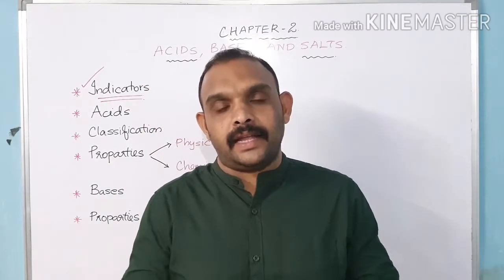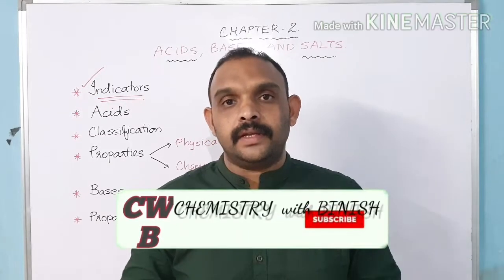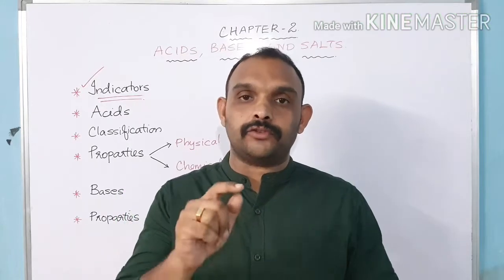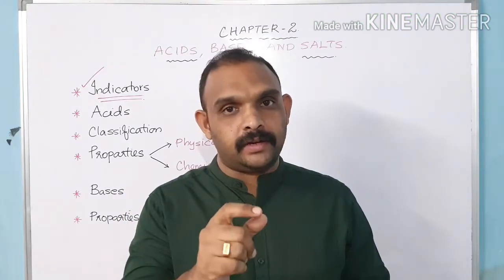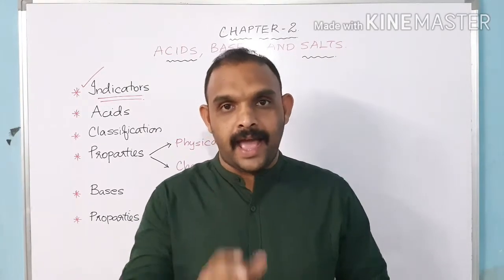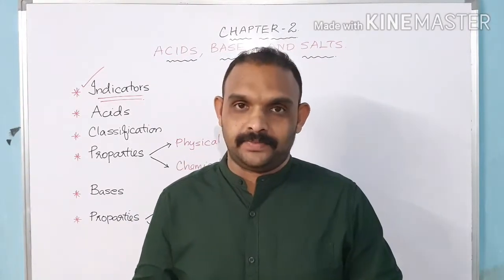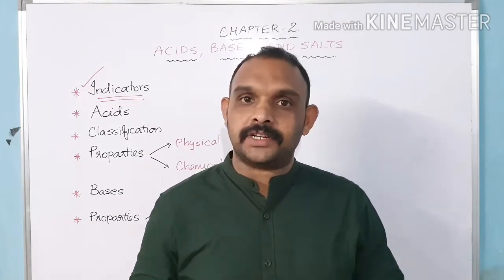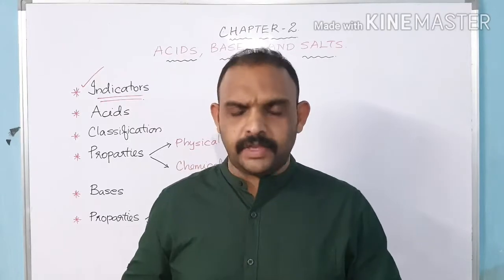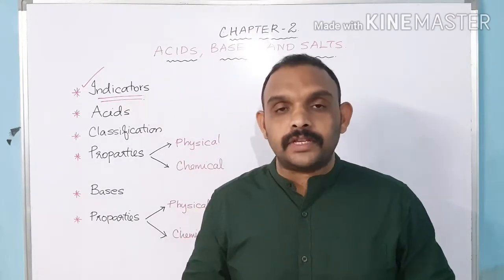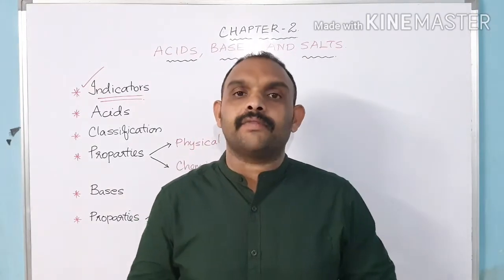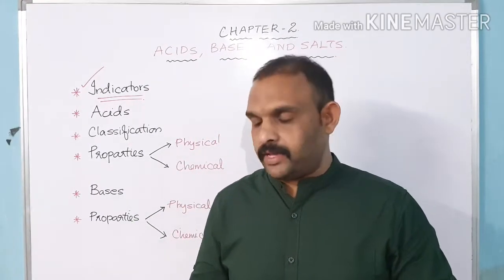So here in science, in today's chapter, indicators are those substances which are used to find out whether a given chemical substance is an acid or a base. An indicator is a special type of substance which is used to check whether the given substance is an acid or a base.